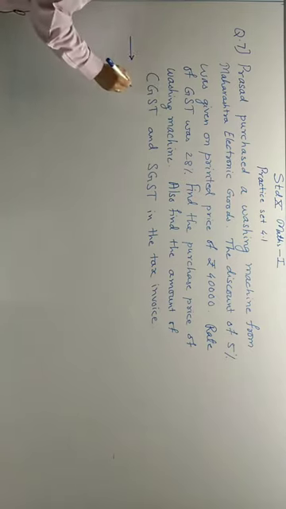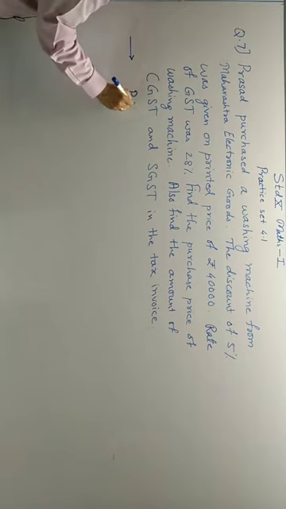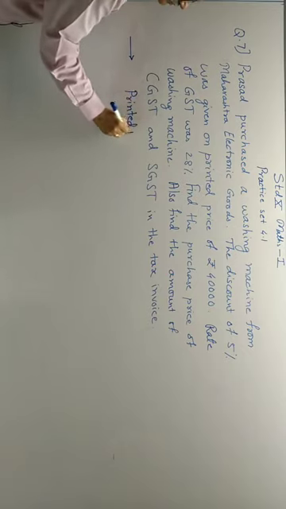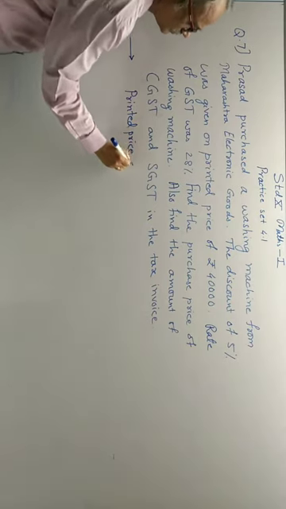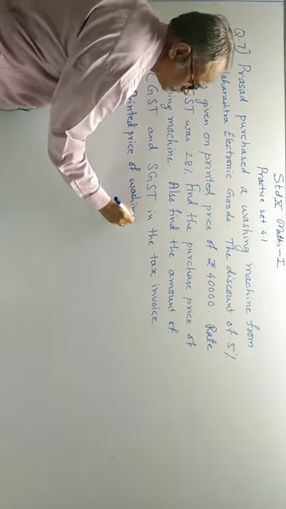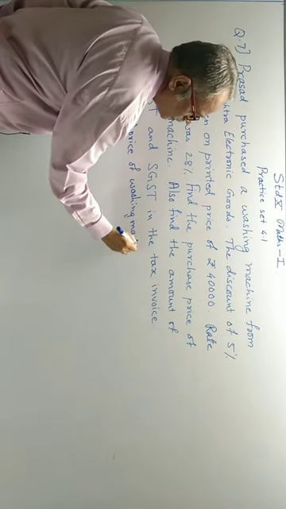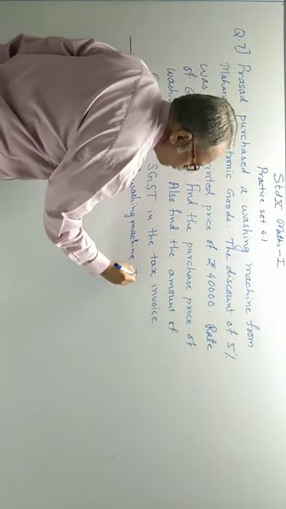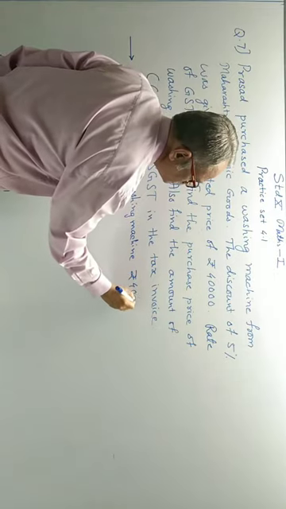So first, the printed price of the washing machine is rupees 40,000.